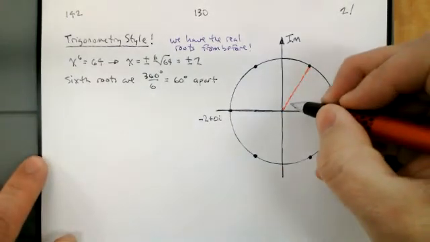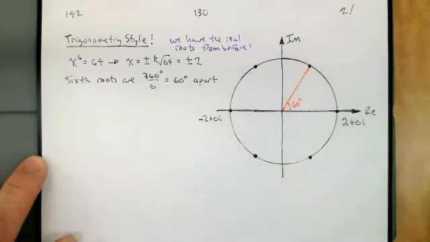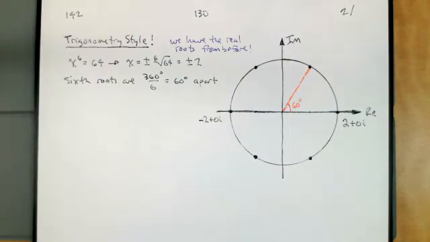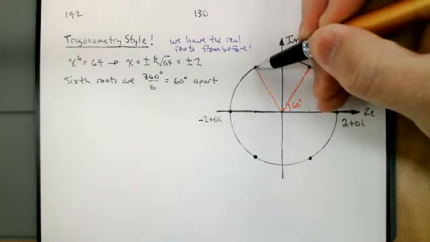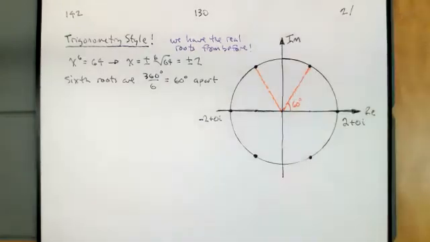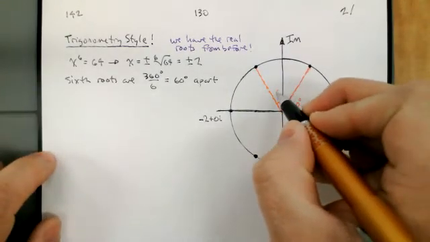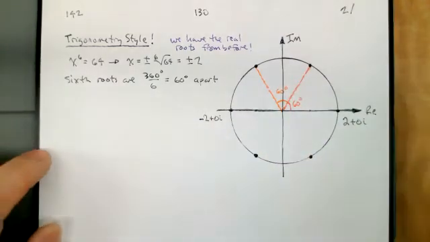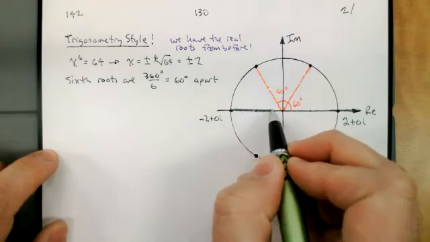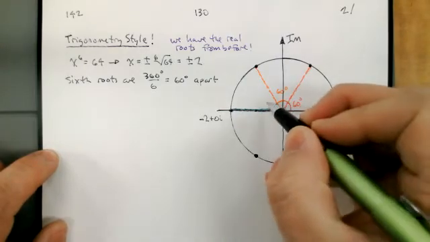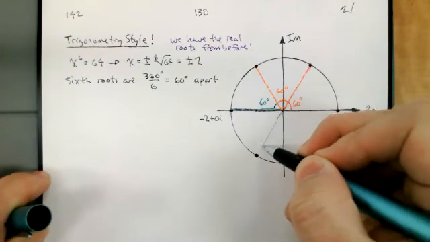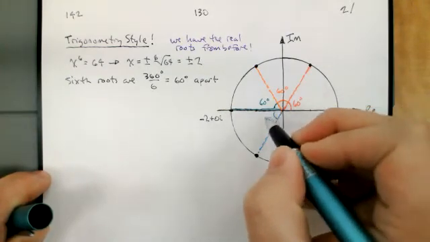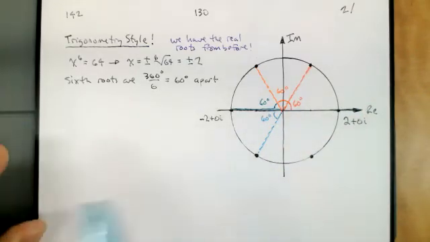So there's one at 60 degrees. 60 degrees later will be at 120 degrees. 60 degrees after that will be at 180 degrees. 60 degrees after that will be at 240 degrees.